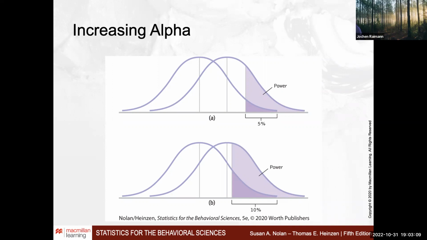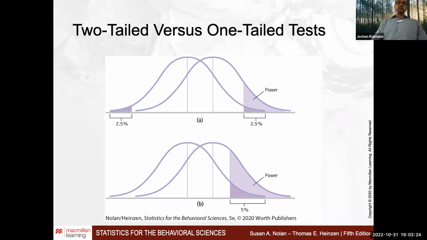Same here: if you increase your alpha, you're increasing that region that is not overlapping. That's how you have to conceptually think about it. The same, obviously, applies when you do a one-tailed versus a two-tailed test. With a two-tailed test, you have 2.5% on each side. If you have a one-tailed test, suddenly the 5% go in one tail, so you have a larger area of power.